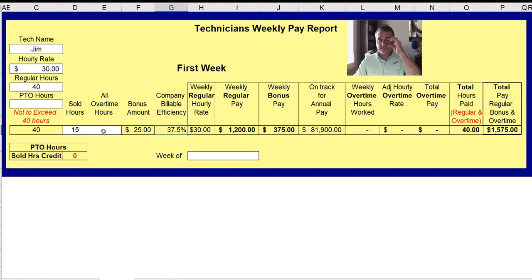All right? And then if you got overtime hours, overtime kills him. So if he's got 5 hours overtime, look where his efficiency drops to, from 37.5 to 33. So now he's got, instead of a $375 bonus, he's got a $180 bonus because he sold the same amount of hours in 5 more hours, in 45 hours instead of 40.